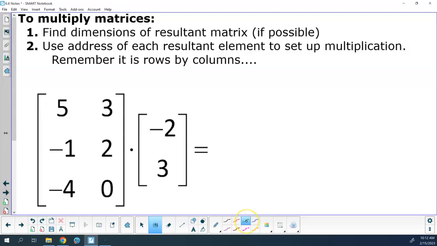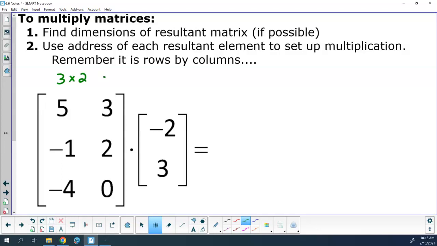So, this left matrix, what are the dimensions of the left matrix? 3 by 2. Rows by columns. 3 rows, 2 columns. Rows are horizontal, columns are vertical. So this is a 3 by 2 matrix.